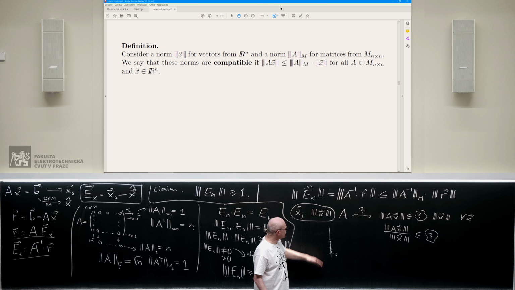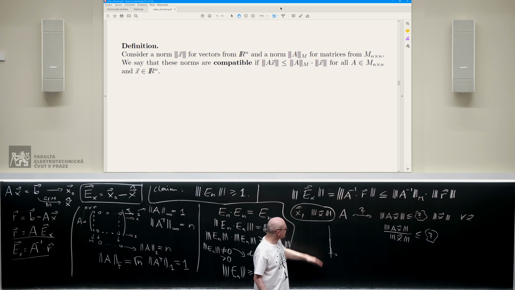Well, here I can apply the induced matrix norm to the inverse matrix and multiply by the vector norm of the residual. And this tells me how the error of reaching the right-hand side is transformed into the error of my solution.